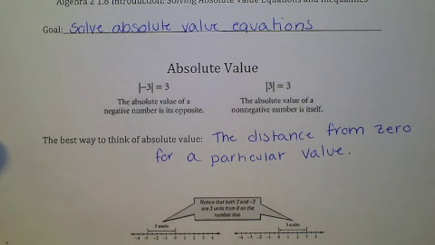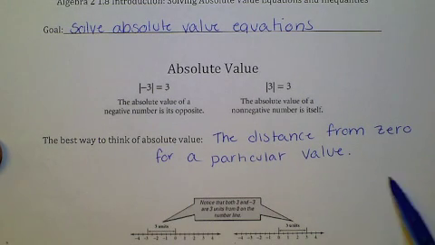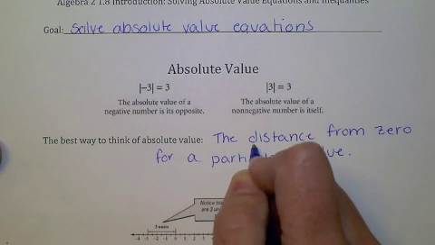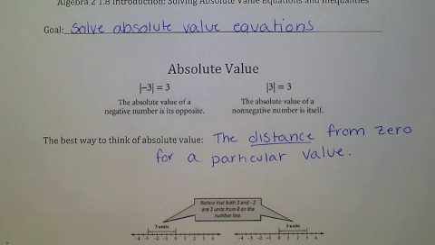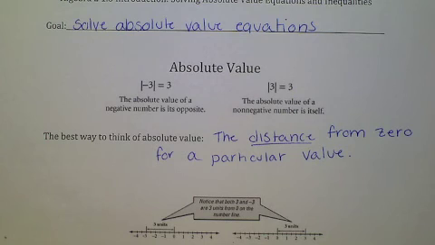Best way to think about absolute value, the distance from 0 for a particular value. The reason absolute value is always positive is because distance is always positive. You never say, oh, I traveled -10 miles to school today. Distance is always positive, and that is why absolute value is positive.